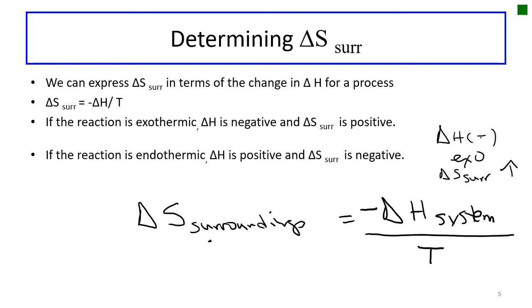Our equation here is delta S of the surroundings is equal to minus delta H of the system over T. Well, how does this help? This helps because we can get delta H of the system from the charts, which means as long as we know the temperature that this reaction is occurring at, we can use that to find the change in entropy for the universe.